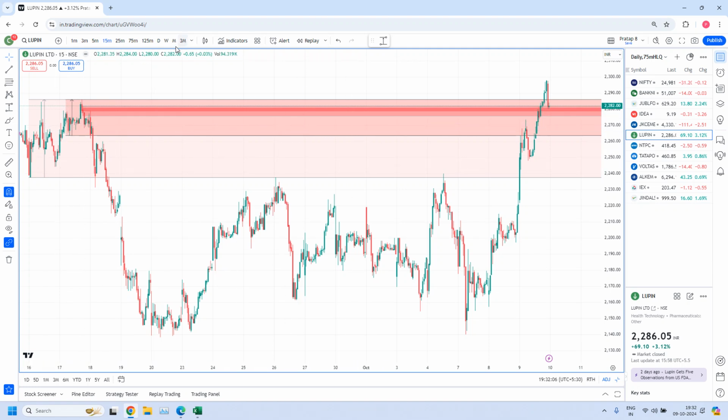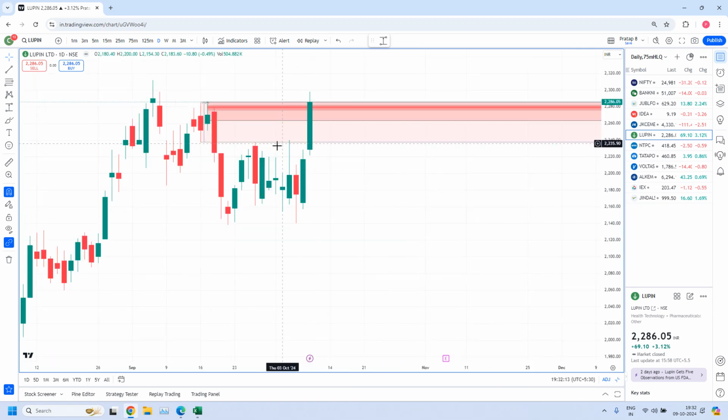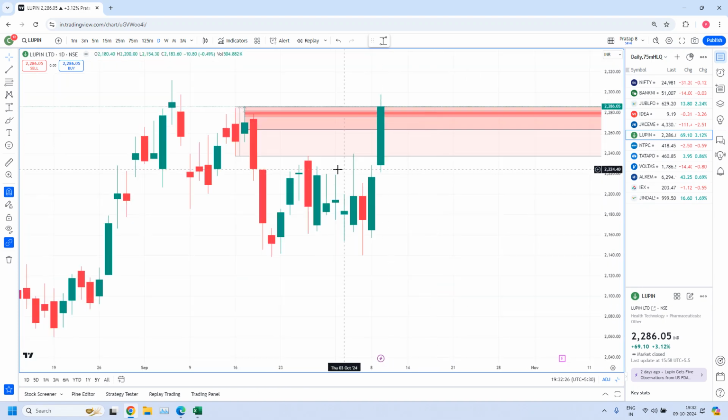I explained this zone, this is a daily zone. I think probably on this day, because this candle is near the zone, I'm not exactly sure, but 27th September I might have explained this zone will be violated.